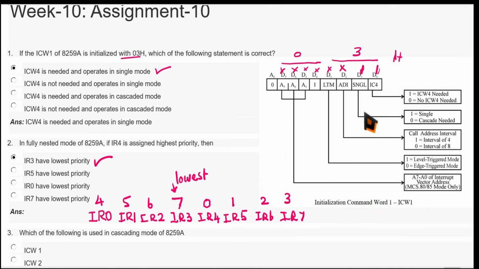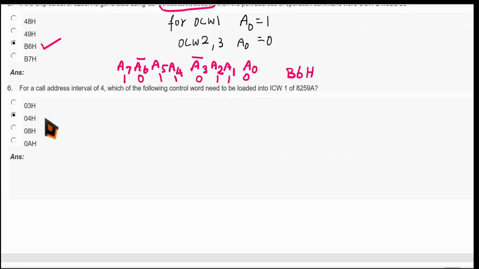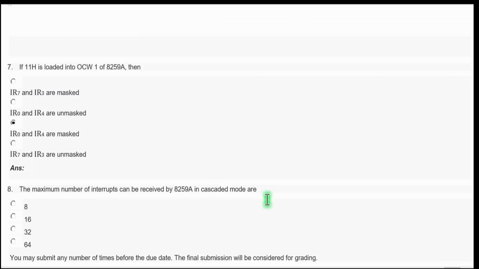Here, if you observe this bit, third bit, for call address interval, 1 is equal to interval of 4. So this third bit should be 1 and we don't worry about the remaining bits. If you put these bits as 0 and these bits 0, only this bit 1, then it will be 4. So the correct answer is 04. Let us see the next question.